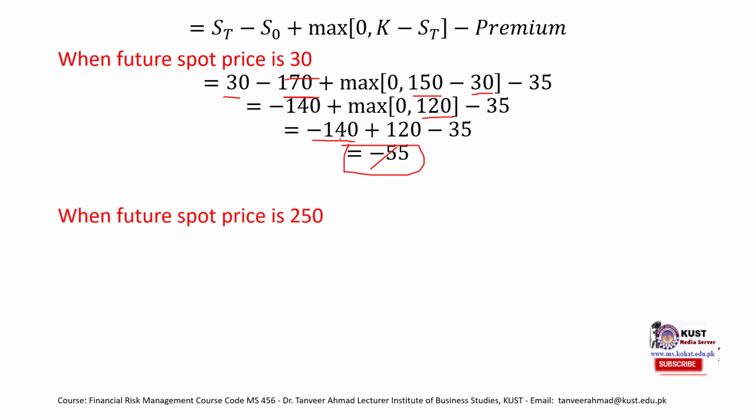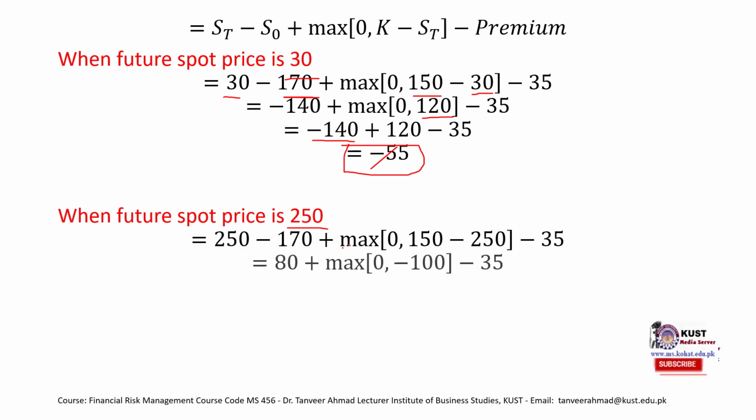And I am going to also calculate it at 250. I am calculating it for the extreme values to give you an idea, but you can use it for the other values. Okay, so 250 future spot price minus 170, maximum of 150 minus 250. So 150 minus 250 would give us minus 100.